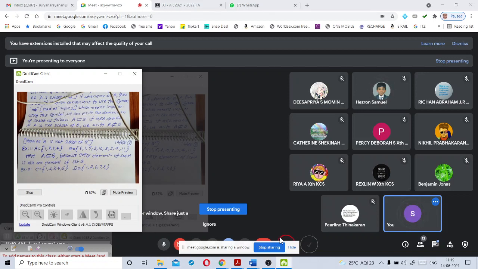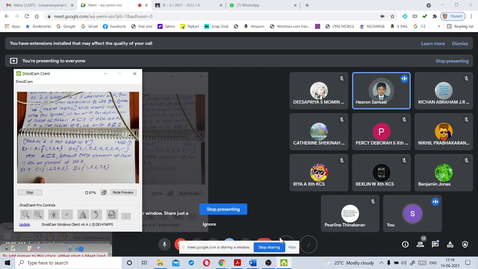Why? Sir, because the set C is not common in the set D. What is common? Sir, in the set C 1, 2, 3, 4, 5 is given, but in the set D 1, 2, 6, 7, 8 is given.